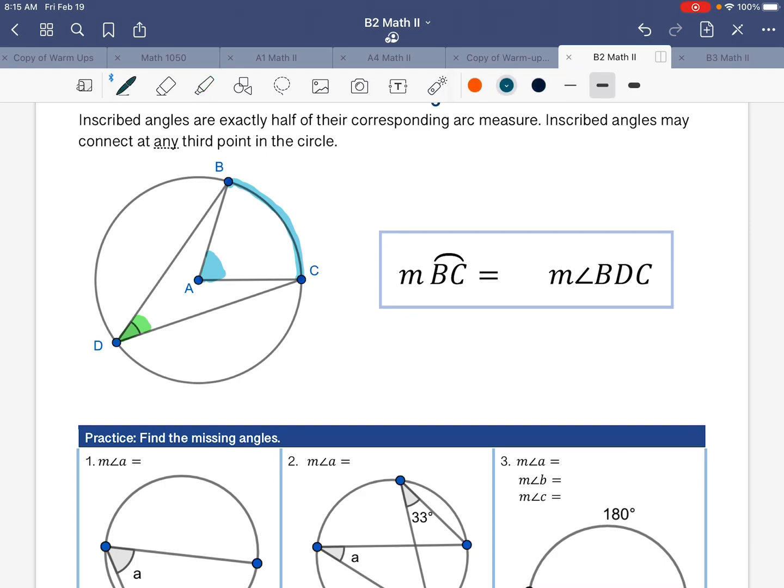It turns out that when you have both an inscribed and a central angle attached to the same arc, they have a special relationship. These two are equal. We just learned that.